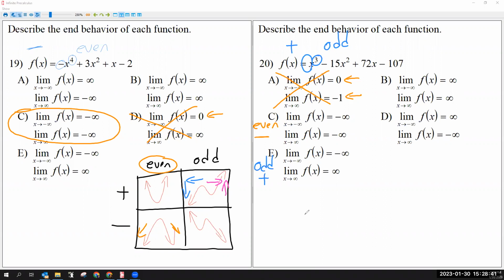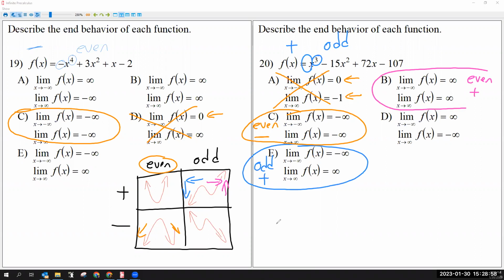So that's what odd positive looks like. Circle that together so you can see what that's talking about. Well, B, they're both positive, so that's even positive. And then there's only one other possibility. So D has to be odd negative.